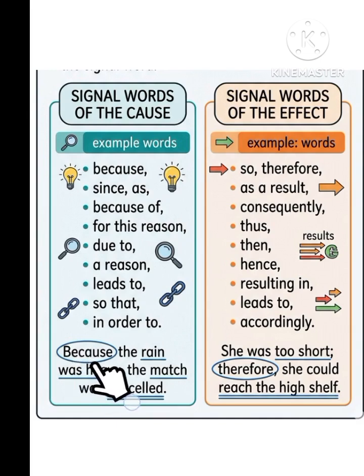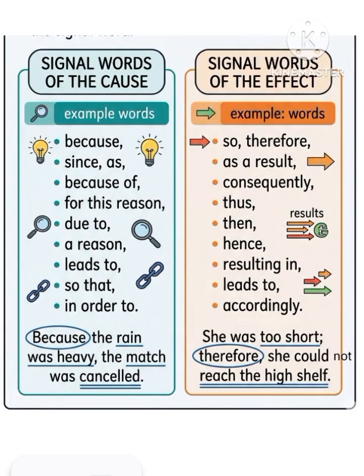So, because the rain was heavy is the cause. What is the effect? The effect is the match was cancelled. And the signal word is because. Because shows cause. It is not a signal word of the effect.